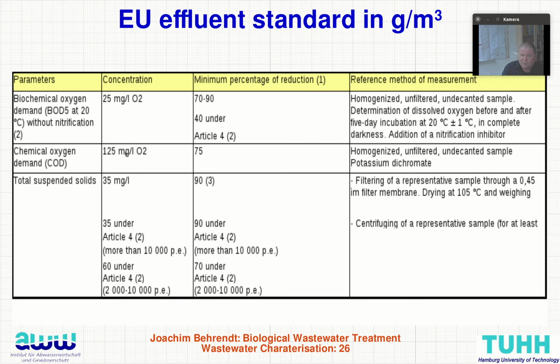The COD below 125 or 75%, which for municipal wastewater is as well not a big issue. The total suspended solids we have to remove to 90% or 35 milligrams per liter, for bigger plants. For smaller plants, they are allowed a little bit more.